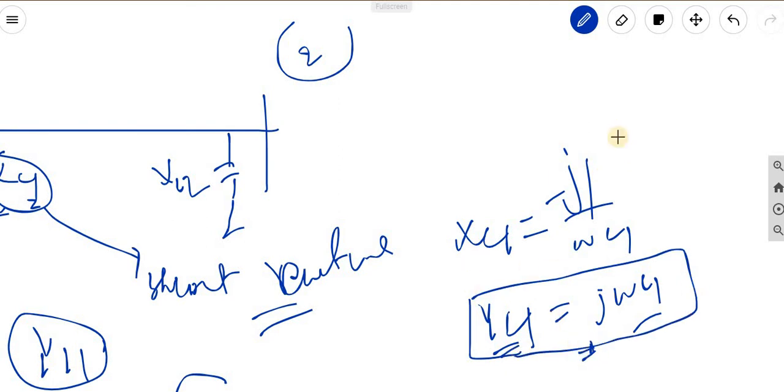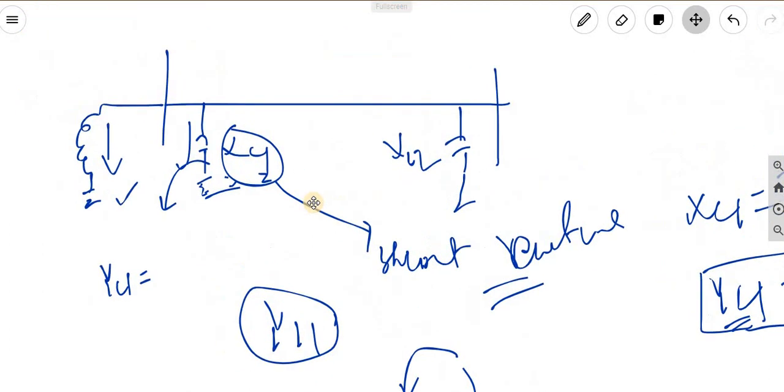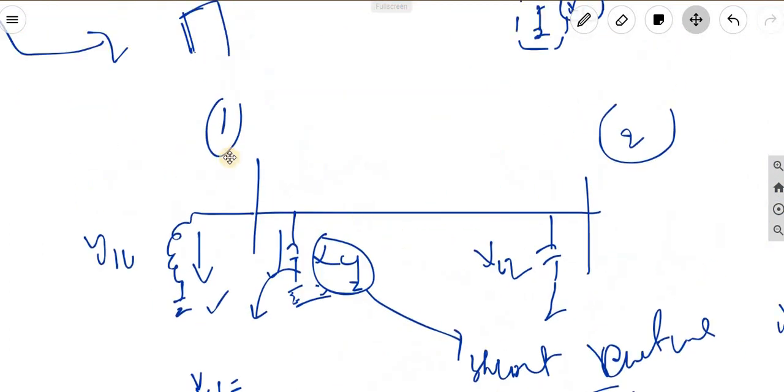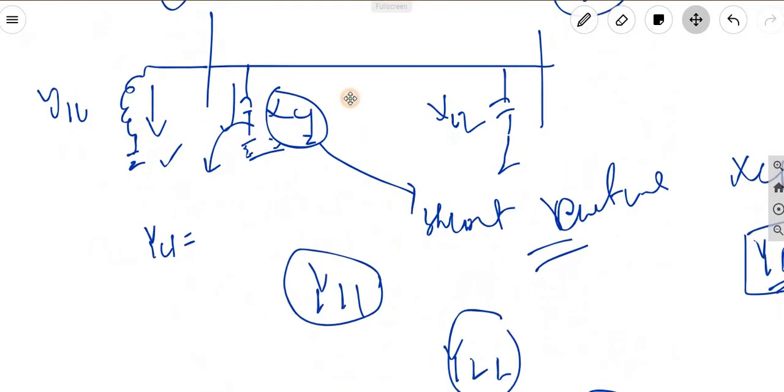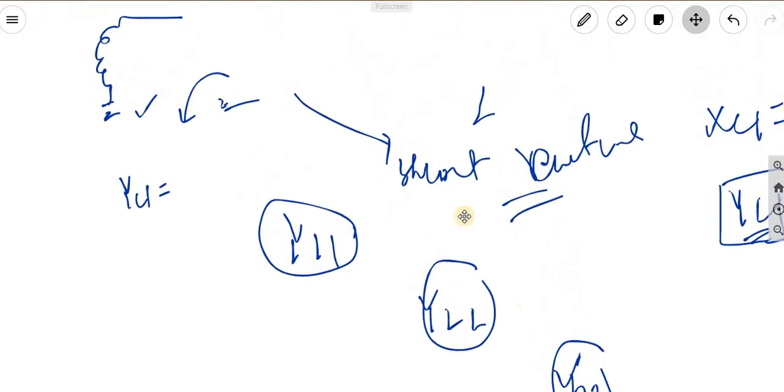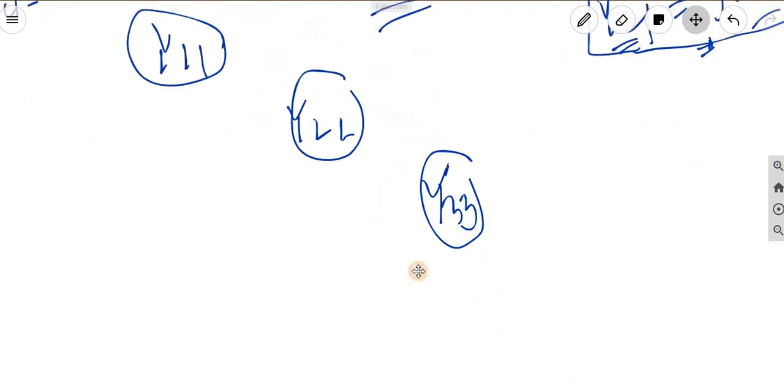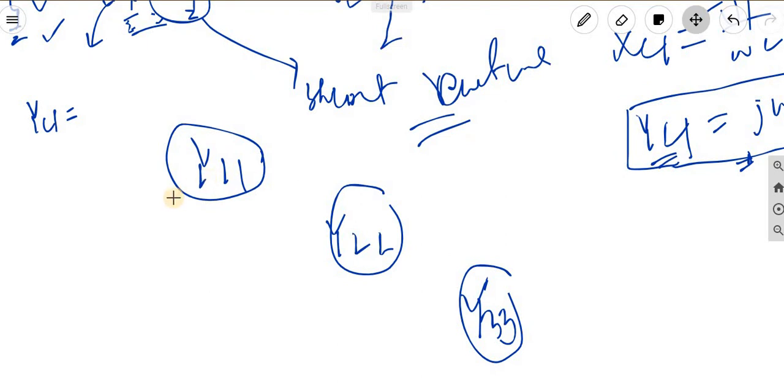So if a medium transmission line is introduced in the network, you have to take care of the diagonal elements, because there is a change in the diagonal elements. Clear?